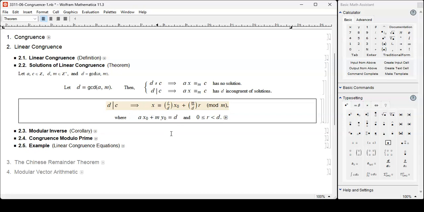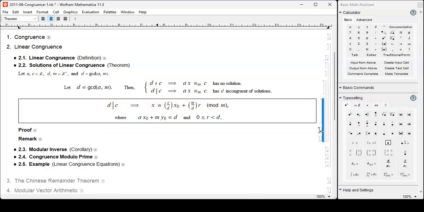And remember how to get that. We can use the Euclidean algorithm to get that. And then x0 goes here. C over d, that's an integer. M over d, that's an integer too. And r goes from 0 to d. And why does it go from 0 to d, greater than or equal to 0, less than d? That's because we reduce arbitrary t through the division algorithm.